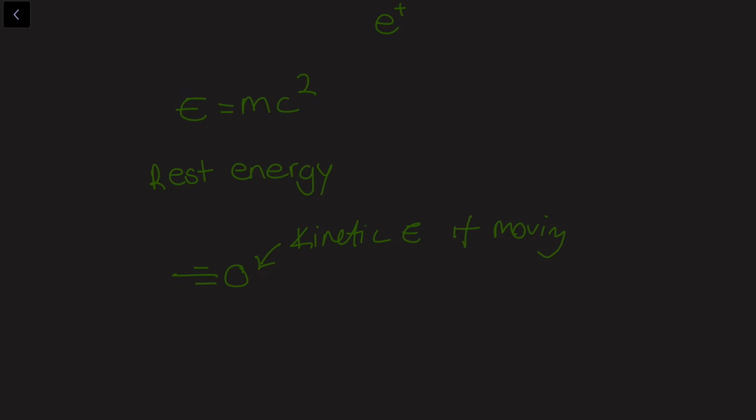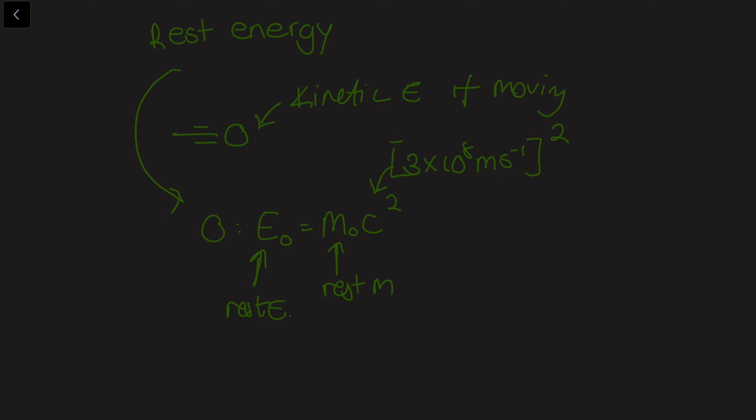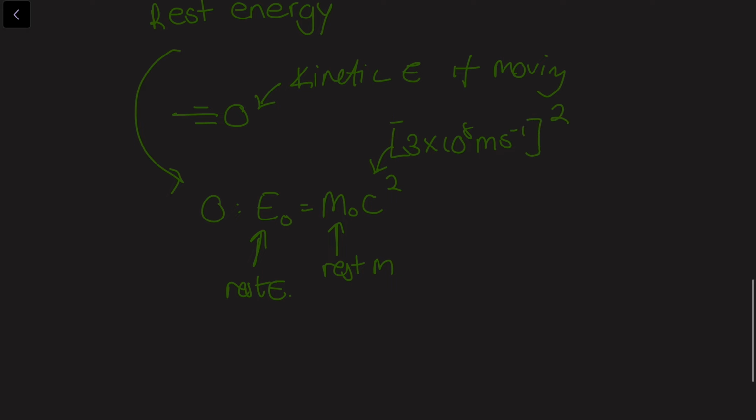But if it's stationary, then this is where we get the rest energy. And we're going to call rest energy E0, and we're going to call it M0 c squared. So this is your rest mass, this is your rest energy, and this is obviously the speed of light squared, so it's 3 times 10 to the power of 8 meters per second, squared. That's what that value will correspond to.